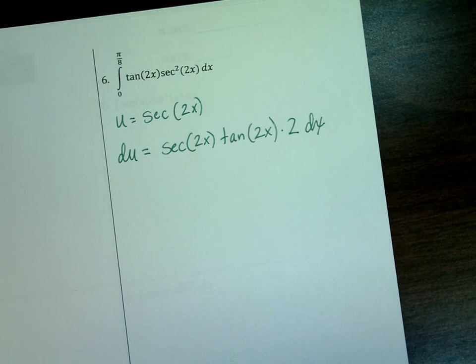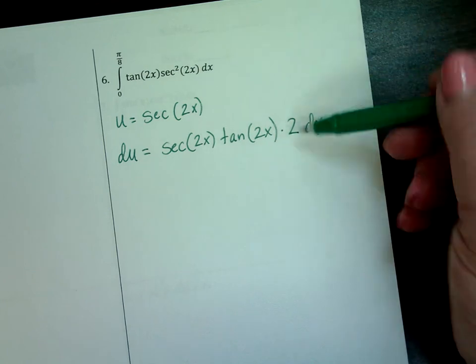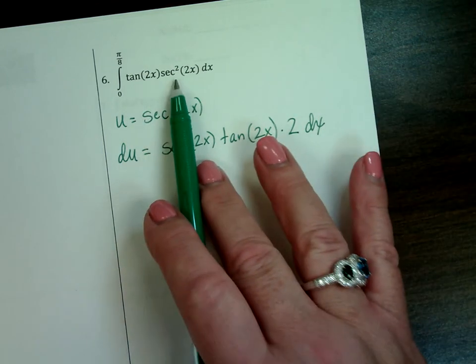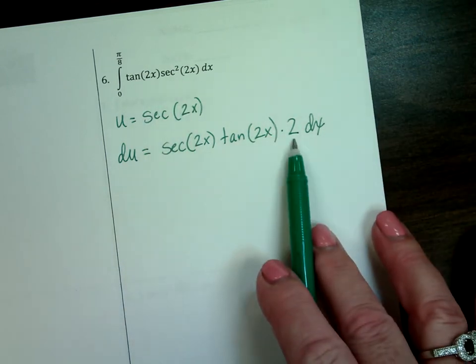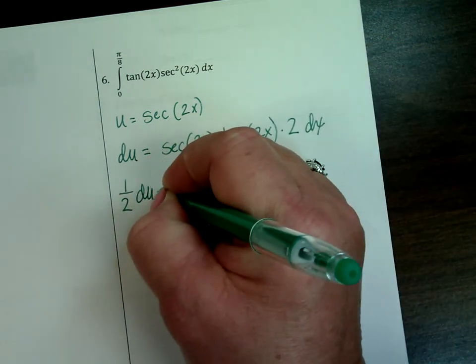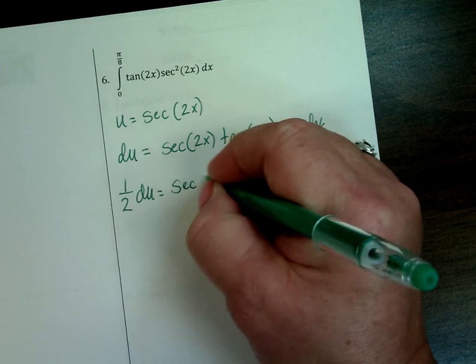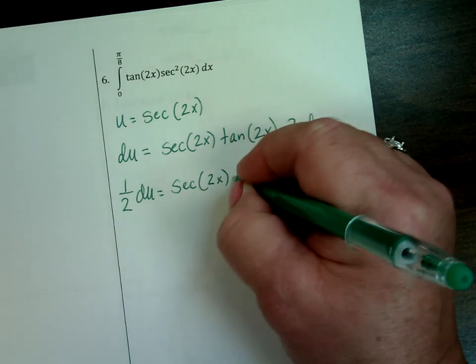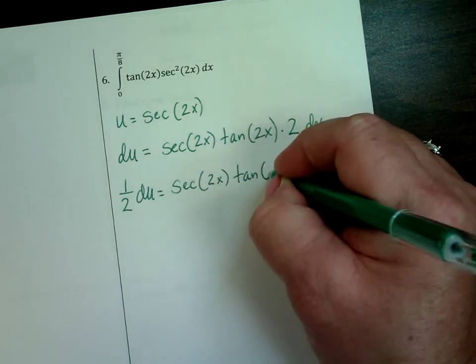Now I can kind of see how this thing's going to develop here. I have a secant and a tangent. I don't have the 2. So the 2's got to go to the other side, and that's going to be a 1/2 du equals a secant of 2x, tangent of 2x dx.